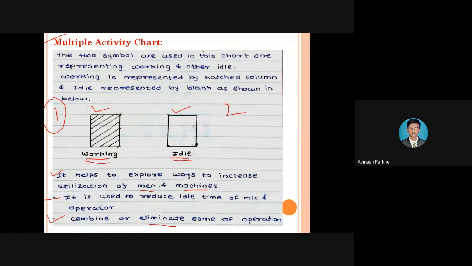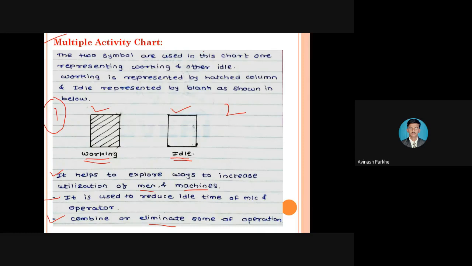That means whatever backtracking is taking place in the industries, or whatever unnecessary long movements are taking place by that particular man or the material, those long movements and backtracking will not be recorded by using all the types of charts. Only you will get the overall picture of that particular process.